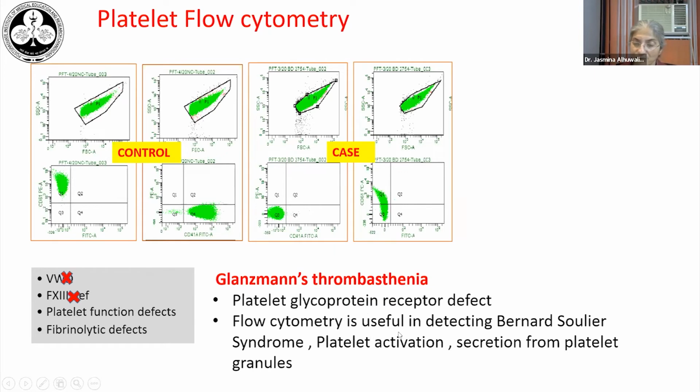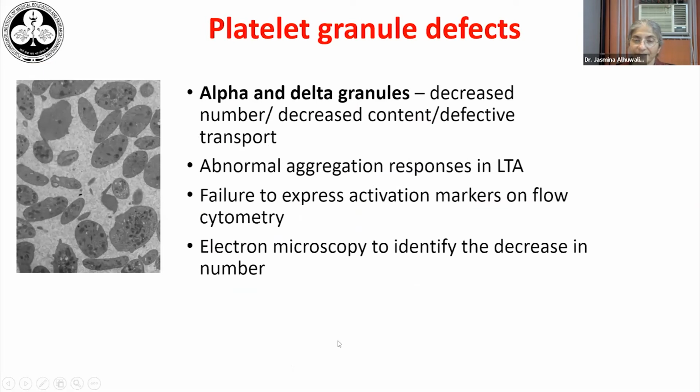Flow cytometry is useful in detecting Bernard-Soulier syndrome also, another platelet function defect. It can point out defects in platelet activation and secretion from platelet granules. For looking at platelet granule defects, sometimes the light transmission aggregometry may not be abnormal at all, and one may have to rely on electron microscopy.